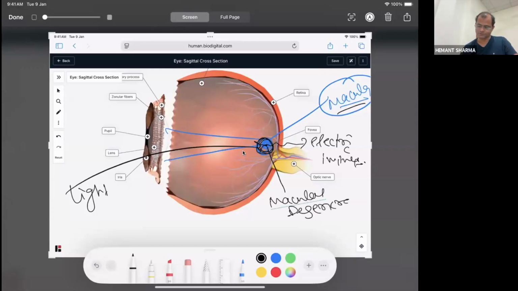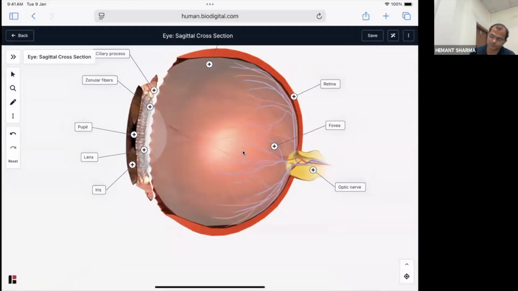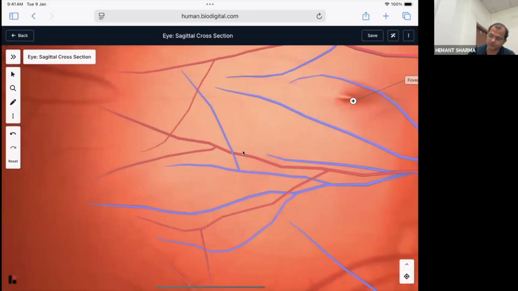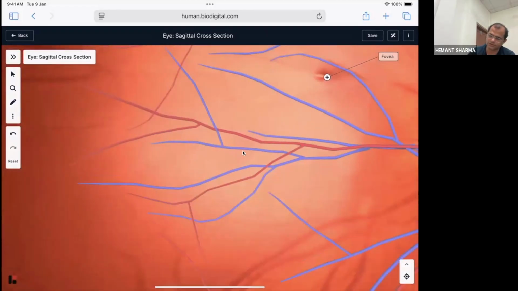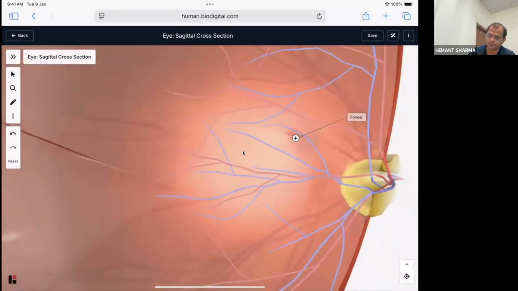We will see the reports of the patient. Okay, fine. So I will show you the one last thing here. So this is, we can see here, the very sensitive spot, macula. Okay.